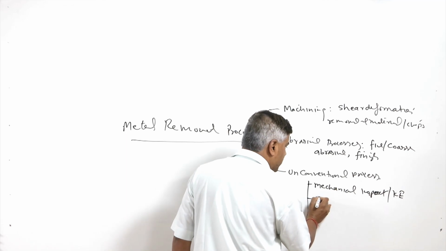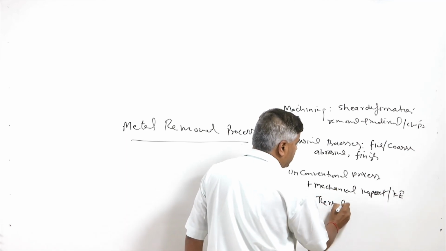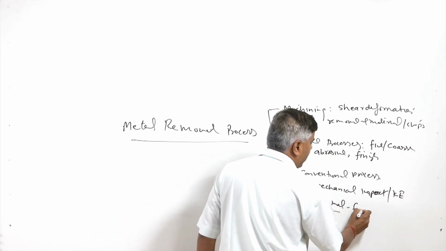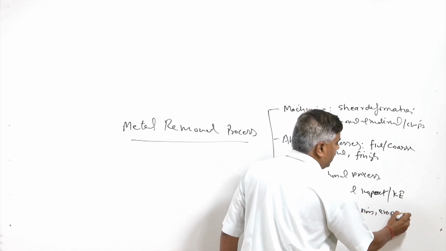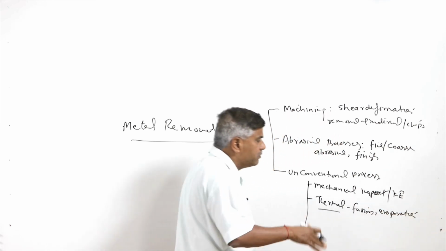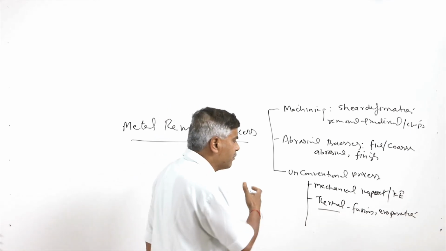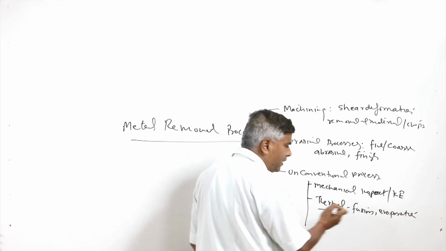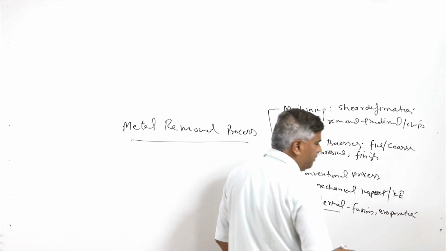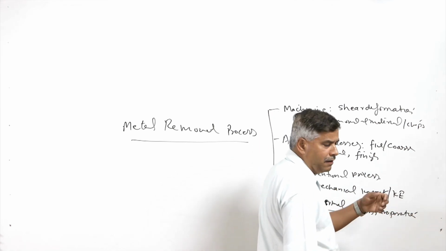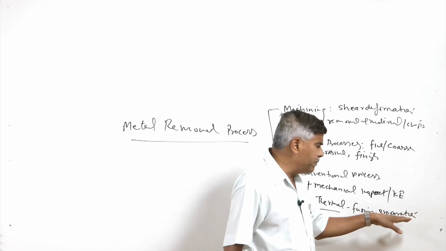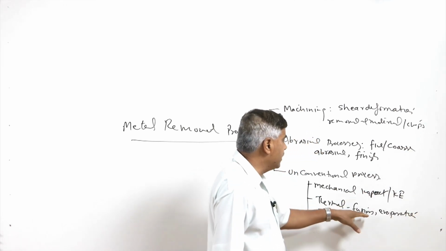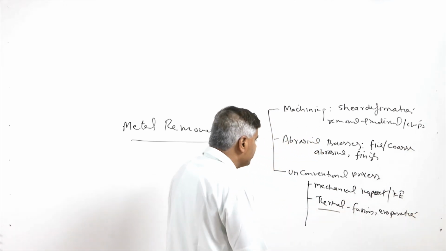Then it may use thermal energy for certain processes, so that either fusion or evaporation of the material can take place in order to remove the material from the stock material. Not necessarily will chips be found in these cases; the material will be removed in the form of vapors in processes like laser beam or electron beam machining, or in fusion the material is melted.